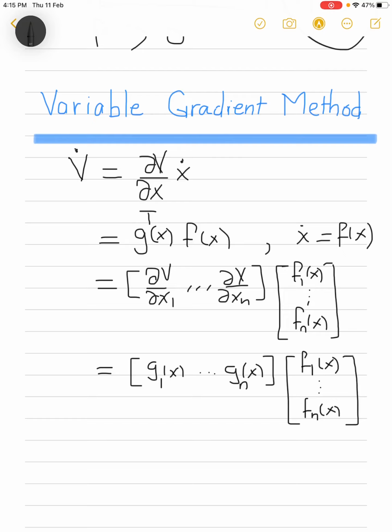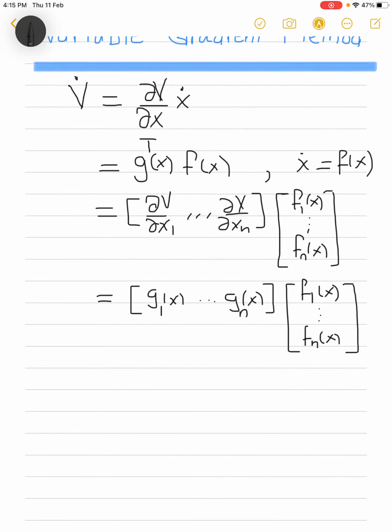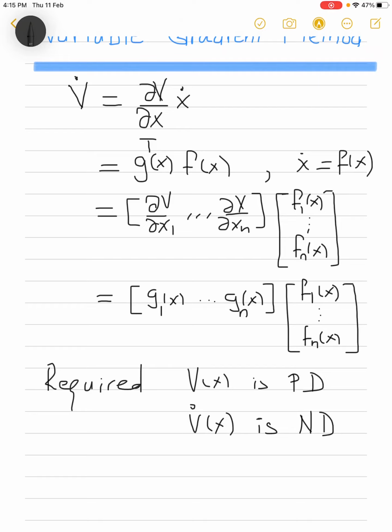So we choose the gradient g of x to be the gradient of a positive definite function v of x, and we require v dot to be negative definite. So we require that v of x is positive definite and v dot of x is negative definite.